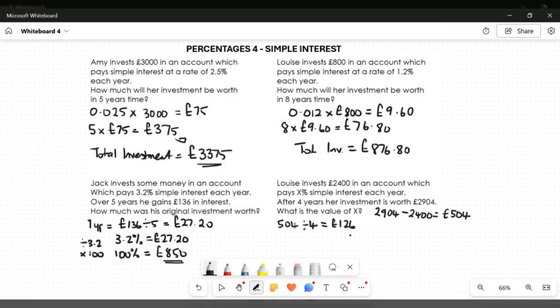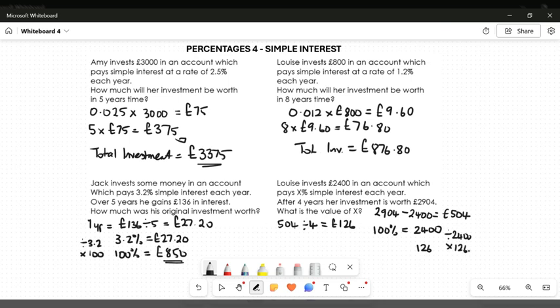So we've got the original amount here, and that, remember, is the 100%. So 100% is 2,400. I want to know what percentage is 126, because that's what X is going to be. So this is the column we've got complete, so this is the one we're going to use. We're going to divide that by 2,400 and times it by 126, and that should give me my percentage.